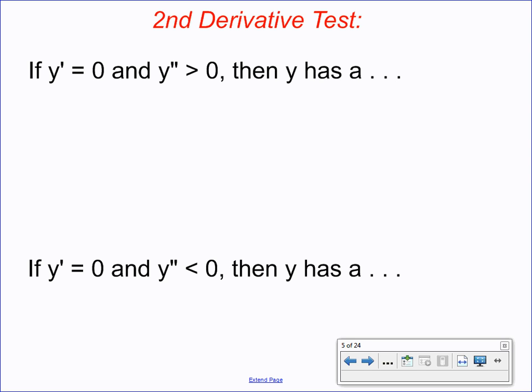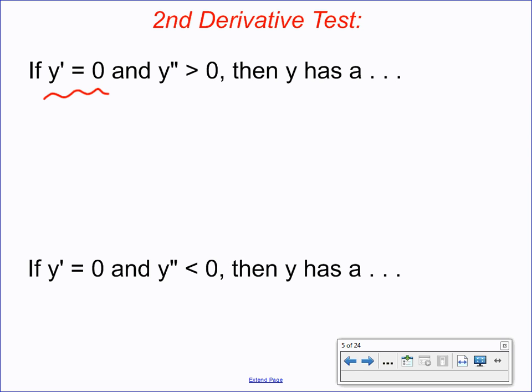Okay, so if y prime is 0 and y double prime is positive, then we can determine a type of local extreme that y has. Let's consider just the first part in red. If y prime equals 0, what does that indicate about my y function? Well, I don't know that we have a local max or a local min, but I know one thing for sure.